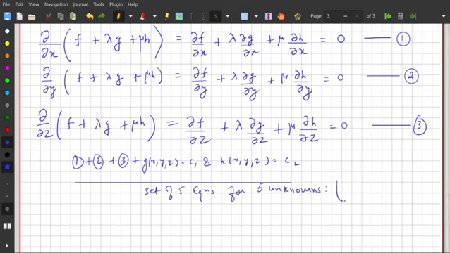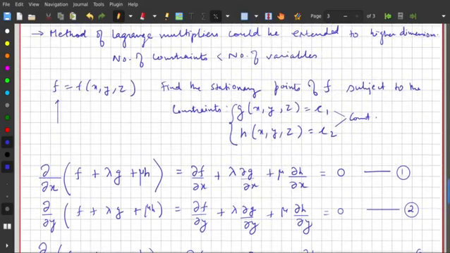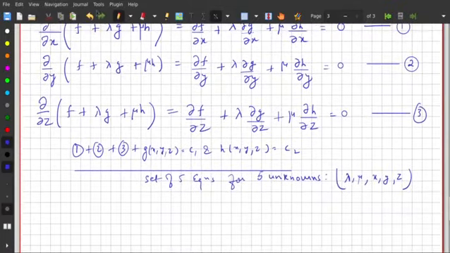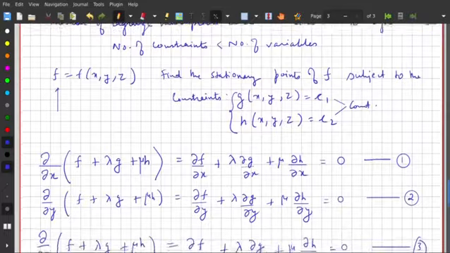The unknowns are lambda, mu, and the points where the function is stationary, x, y, z. So these form a closed set of equations where we can solve for lambda, mu, x, y, and z. That's the general idea of the method of Lagrange multipliers.